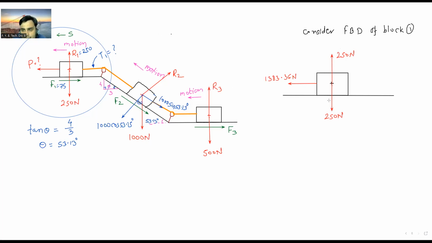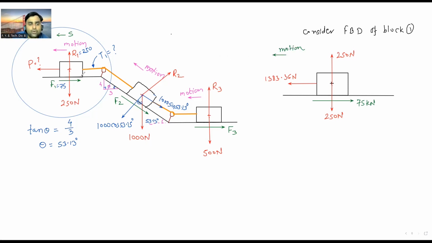Now the frictional force is in the opposite direction to that of the motion. So motion is to the left side, so the frictional force comes here. So the value of frictional force is 75 Newton, and this is the direction of the motion. This is the direction of motion, or you can say displacement.